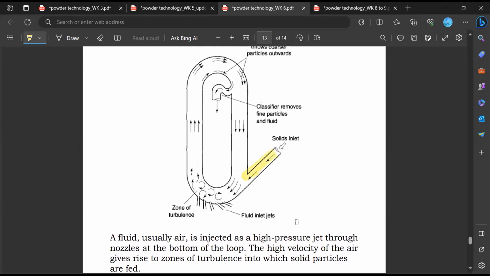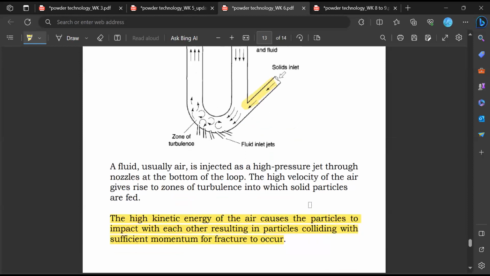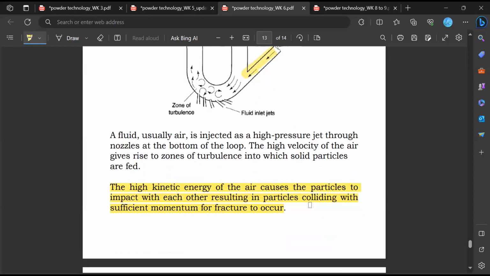The high velocity of the air gives rise to a zone of turbulence, and then the solid particles collide with each other or with the walls of this equipment, and it causes size reduction.